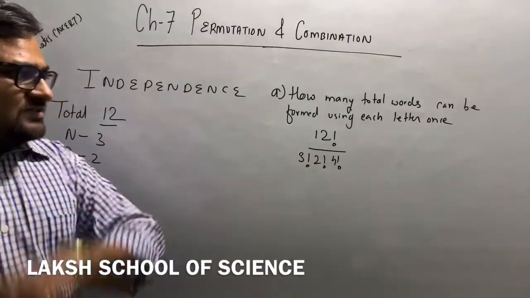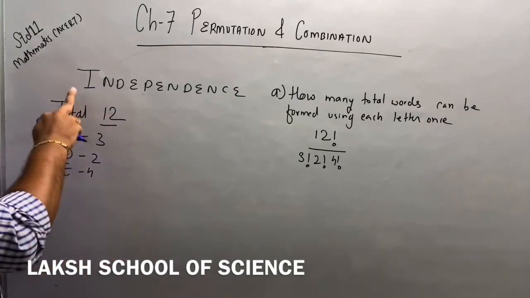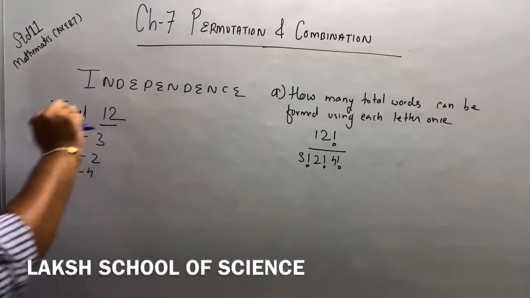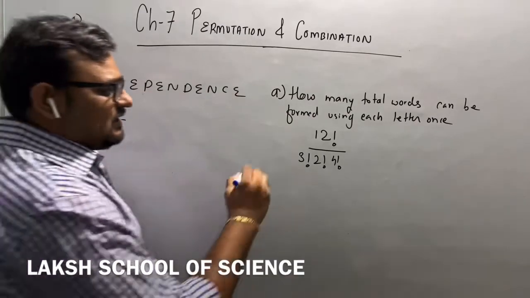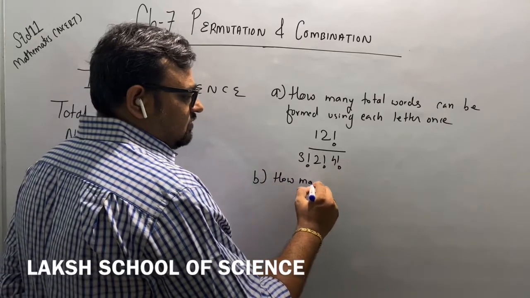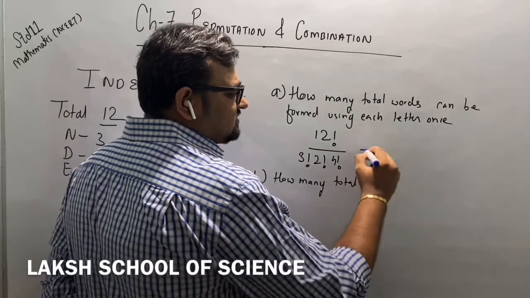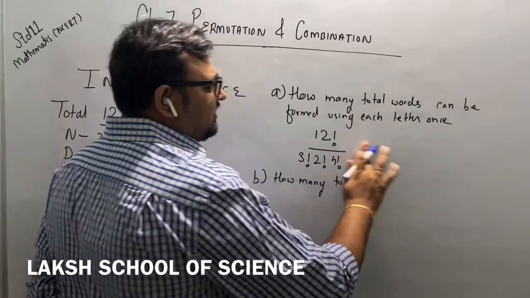Clear? Now second, if the question is asked that we want I and P together. Let's name the first one as A, which is already given.